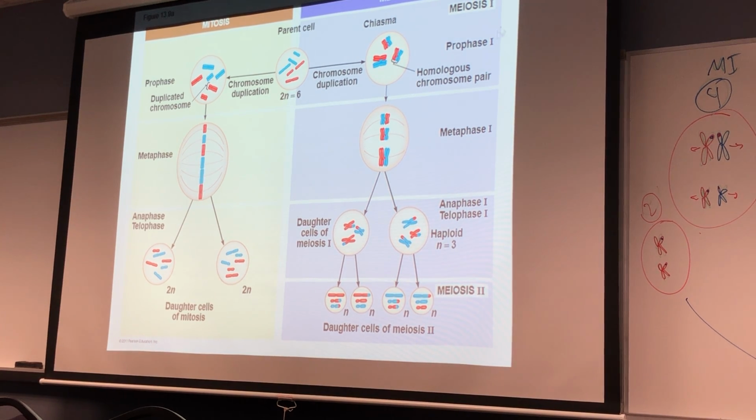Then in metaphase 1, the homologous chromosomes pair up next to each other, double file, 2 lines, as opposed to mitosis. Then the homologous chromosomes separate. Okay? The whole chromosome with the sister chromatids separates. Now you have the daughter cells. Now they are reduction. And then you have meiosis 2, where those sister chromatids separate. Okay? And then at the end, you have 4 daughter cells which are haploid and non-identical.